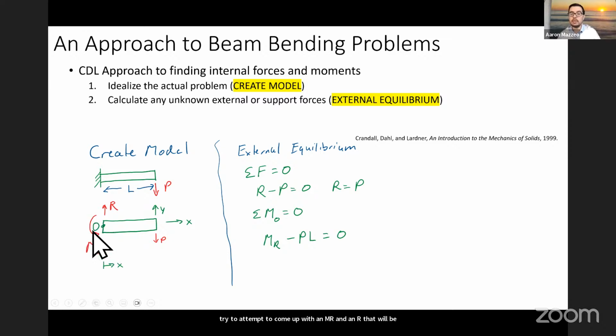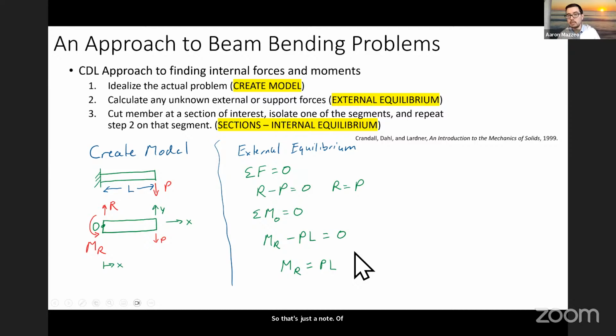Okay, and you can think of, all right, this MR, this reaction moment, has to be acting to counteract this moment that's being applied by P over a distance of length L. And this R needs to be opposing P, at least if it's positive, so that we don't have this beam moving vertically or upward or downward. So that's just a note. Of course, when it comes to calculating the internal moments and forces, we will there want to follow convention.